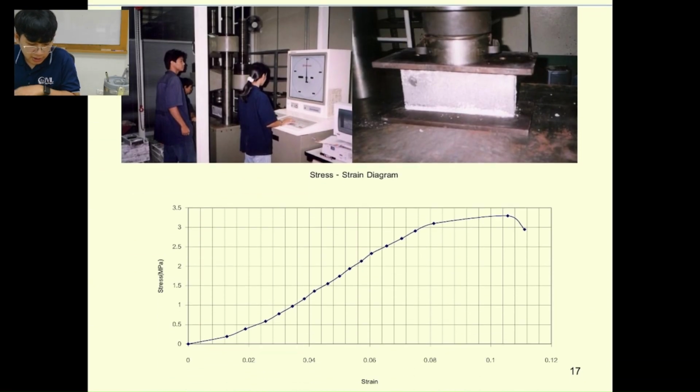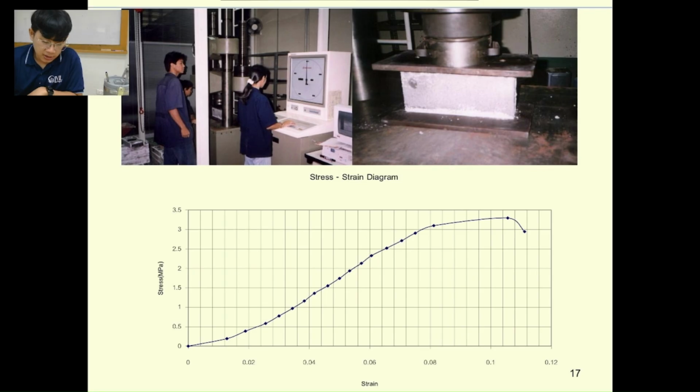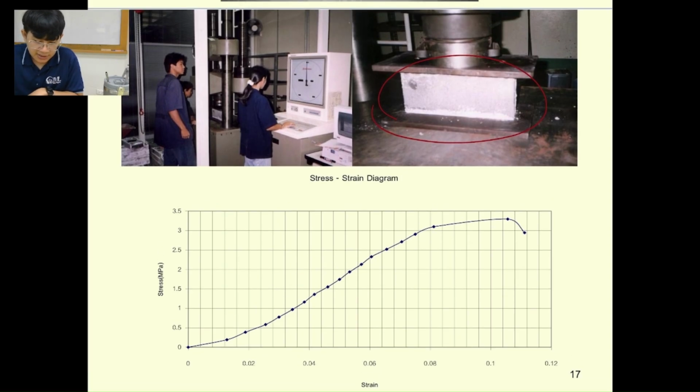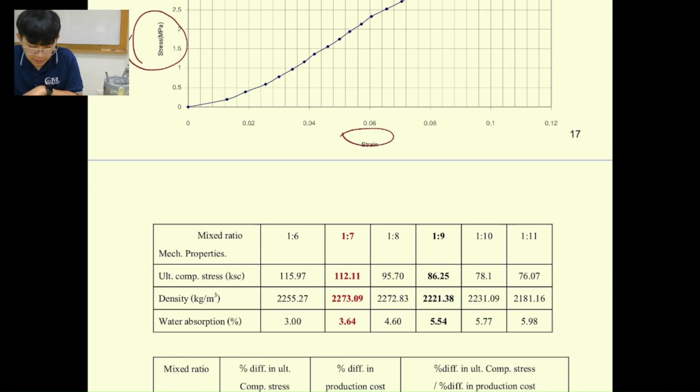this is the other product. So I think this one, in the past, one of your seniors, who was the owner of a CMU company, tested at our lab, and then we plotted stress and strain to see the properties.